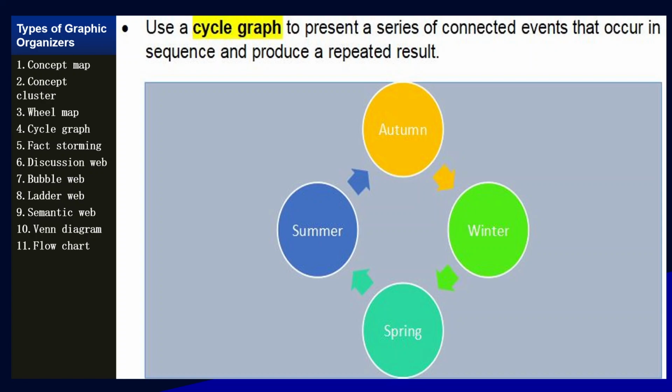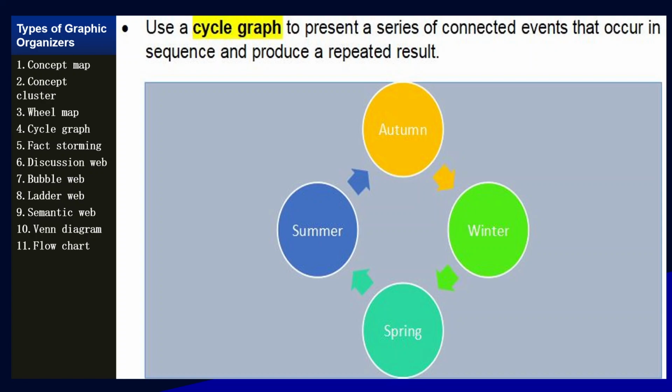It shows the concept or knowledge easily. Autumn, next to autumn is winter, then spring, next to spring is summer, then autumn again. So it's very easy to organize the topic while also conveying it.